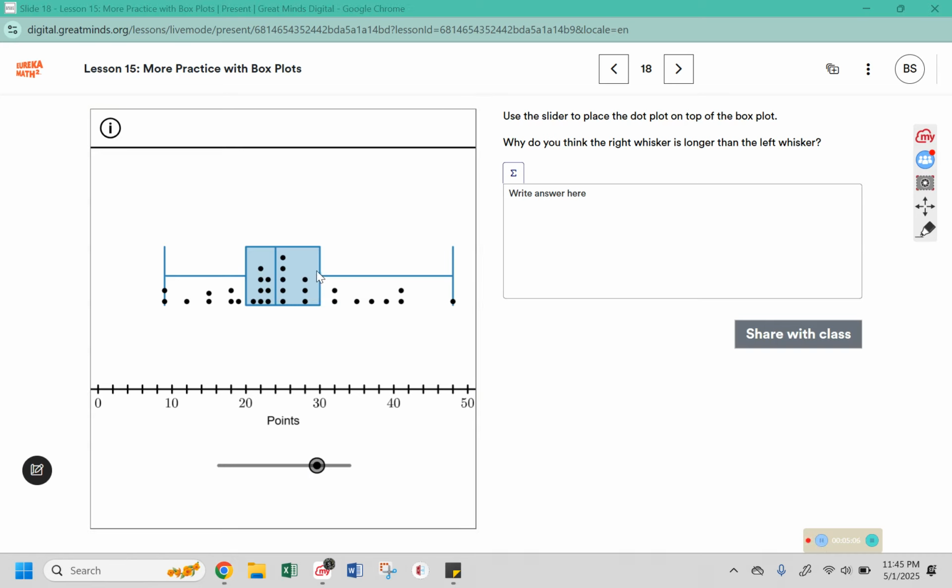By moving a data value, the size of the box or the whiskers can change. And then in the histogram, the frequency changes. Those bars get taller or shorter depending on where those points are.